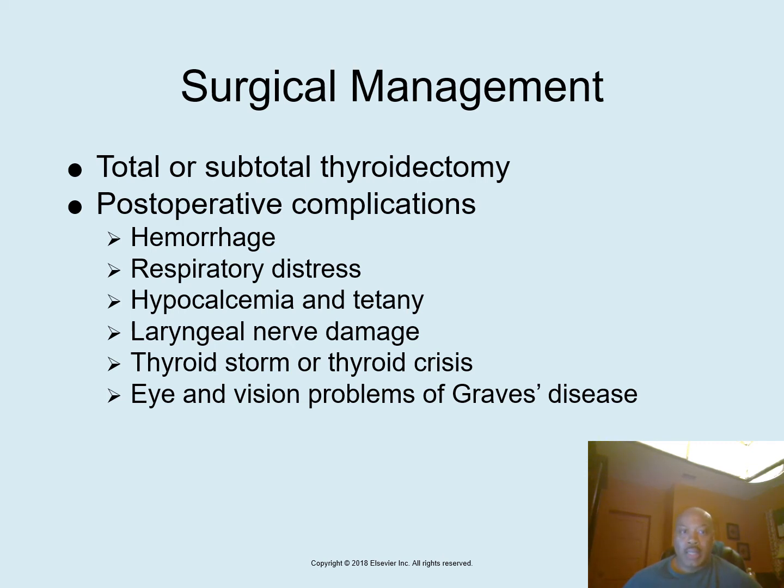For the total thyroid type, the entire gland, as I mentioned, is removed. However, the parathyroid gland is left in place with an intact blood supply in order to prevent hypoparathyroidism.